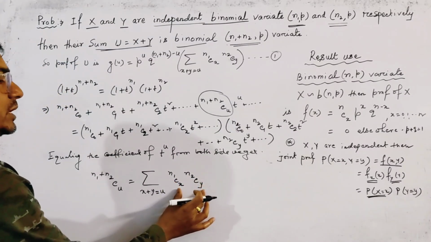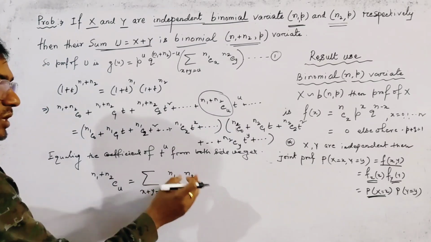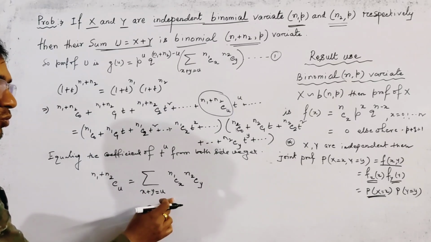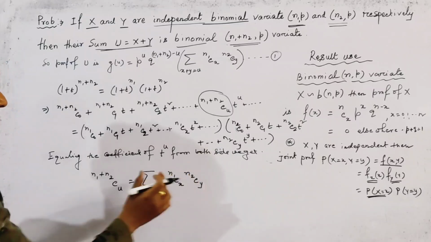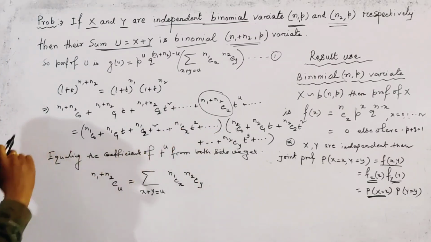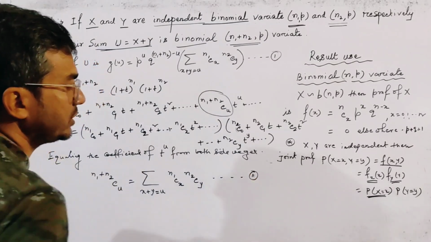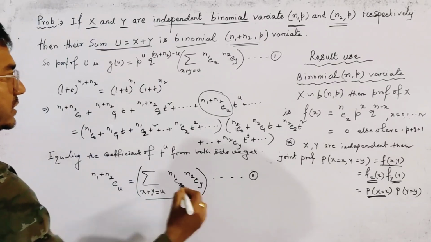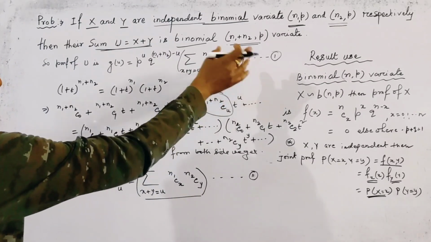So this is the coefficient of t to the power x plus y, and we get those terms where x plus y is u. This is the sum of the coefficients of t to the power u. We name this relation number 2. And clearly the right hand side of relation number 2 is nothing but this term of relation 1.